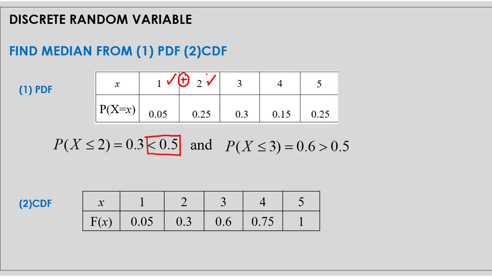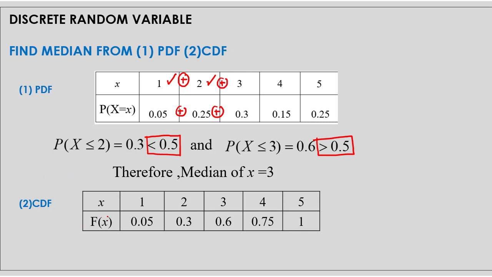Next, when we sum up to 3, you find that the value already exceeds 0.5. Therefore, the median must be x equals 3, because 2 is not enough yet.